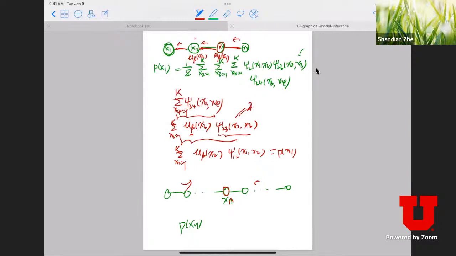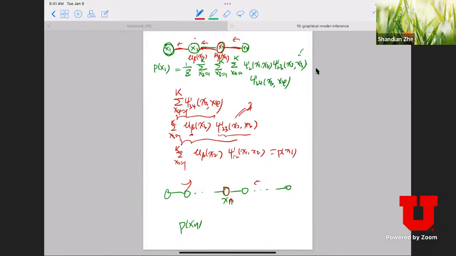Any questions so far? This is just the practice of the distributive law. You actually don't need to do that.